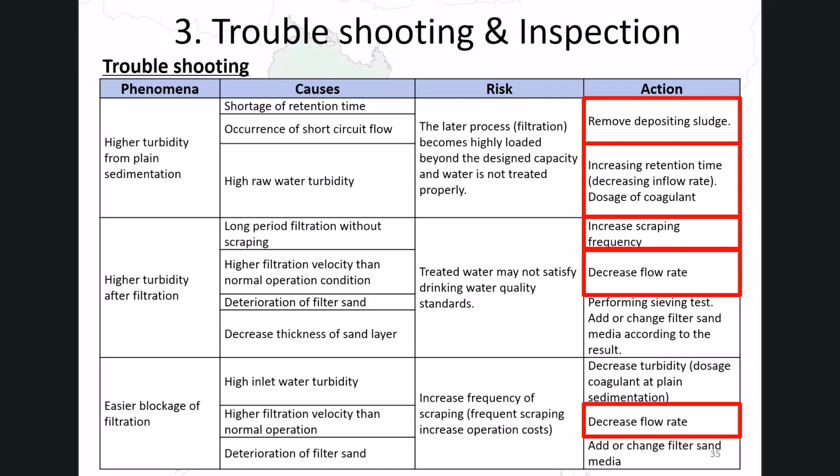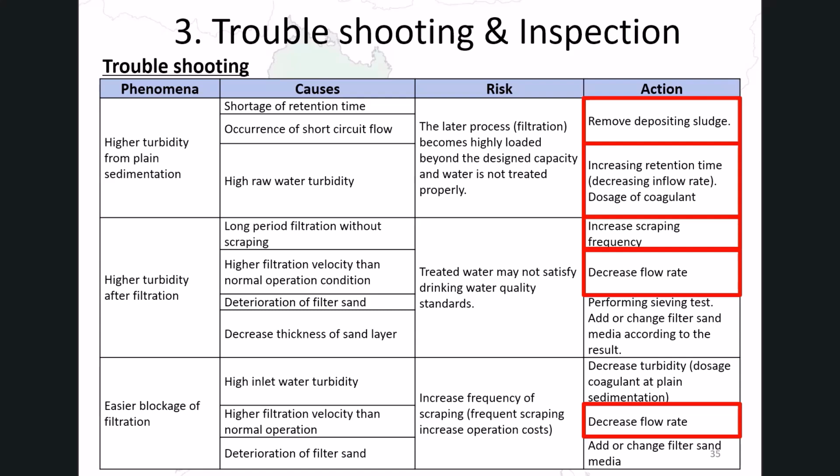For example, if high turbidity from the plain sedimentation is observed, it would have been caused by either shortage of retention time, occurrence of short circuit, or both, and the action to be taken is to remove depositing sludge. Relatively more important, more effective or more frequent actions are highlighted by the red rectangles here since some actions might be hard to take due to the circumstances or some causes rarely occur.